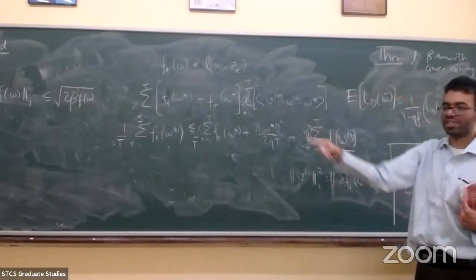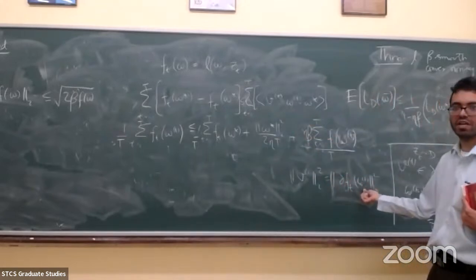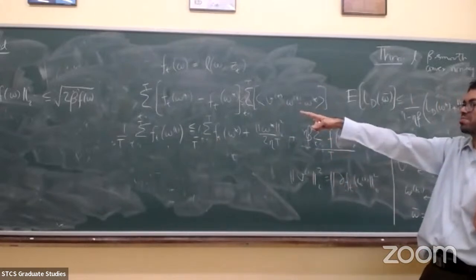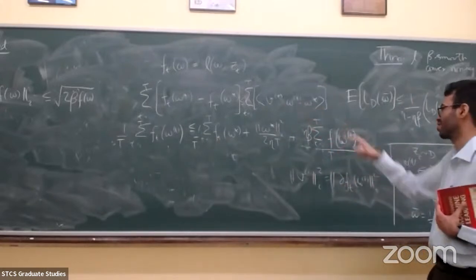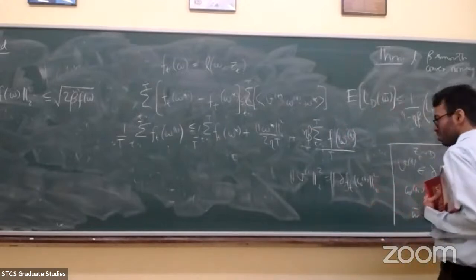Then I use self-boundedness: the subgradient at WT is at most 2 beta times f of WT. Okay, small mistake, thanks.